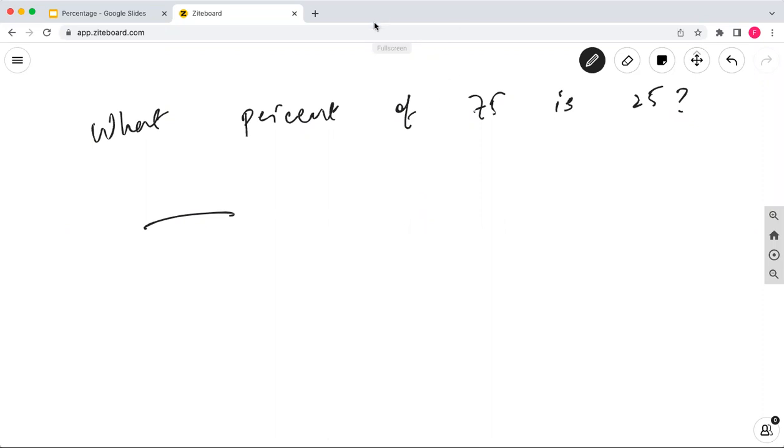So if I try to write this in the form of an equation, how can I write this? What percent of 75, I call that x percent, is equal to 25, right? So this will be x percent is equal to 25 over 75.